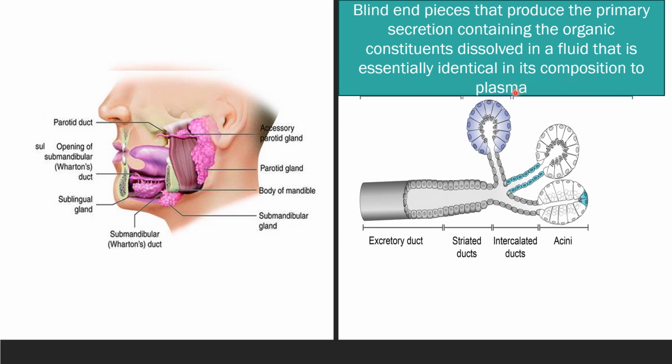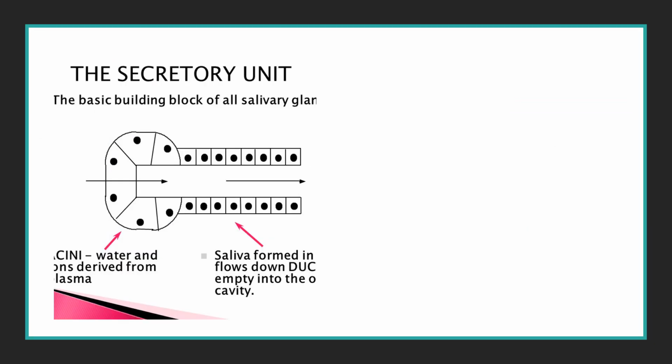That means when the secretion is generated at the level of the acini, it is isotonic with plasma.